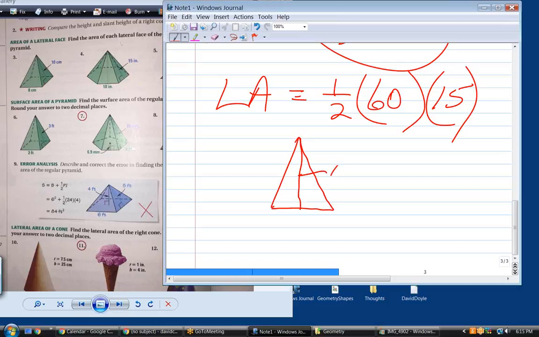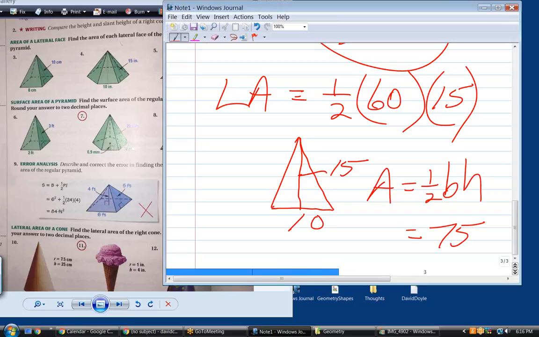That's 15. And I know what the base is, 10. So the area of each face is 1/2 base times height, 75. Which you'll notice is also 1/6 of 450. In other words, the area of all 6 faces is 6 times that. But if I'm only caring about the area of that face, then I can just solve this triangle, where I know the height of the triangle is 15 and I know the base of it is 10.